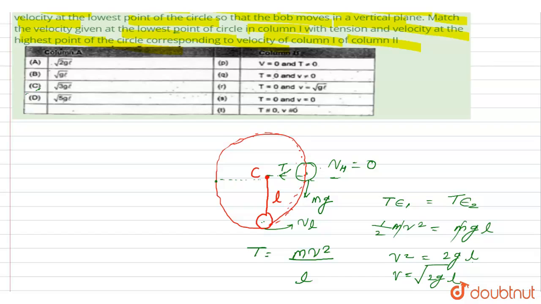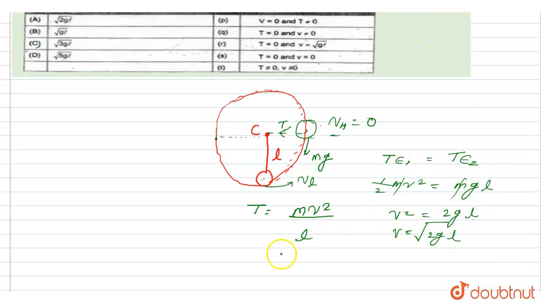So here V is equal to 0, then T is also 0. If we take the lowest velocity as under root 2gl, then T equals 0, and the highest velocity is also 0. So T equals 0 and V equals 0 when given the lowest velocity under root 2gl. Therefore, A matches with S.